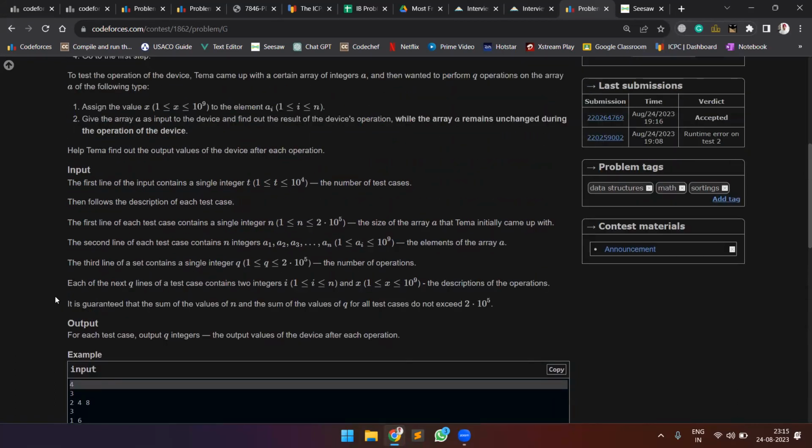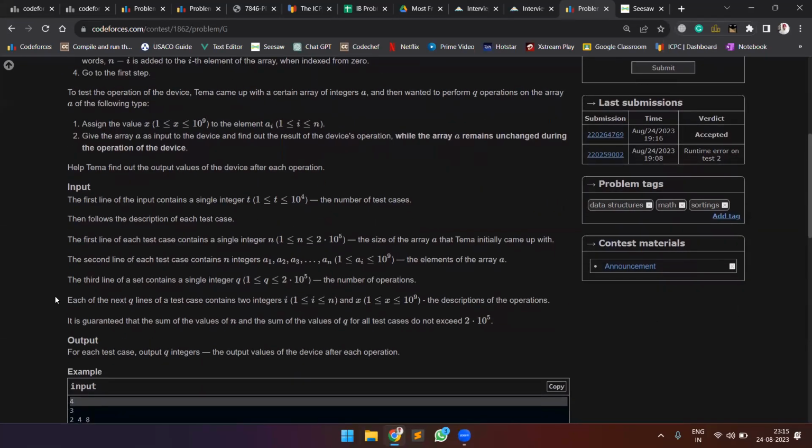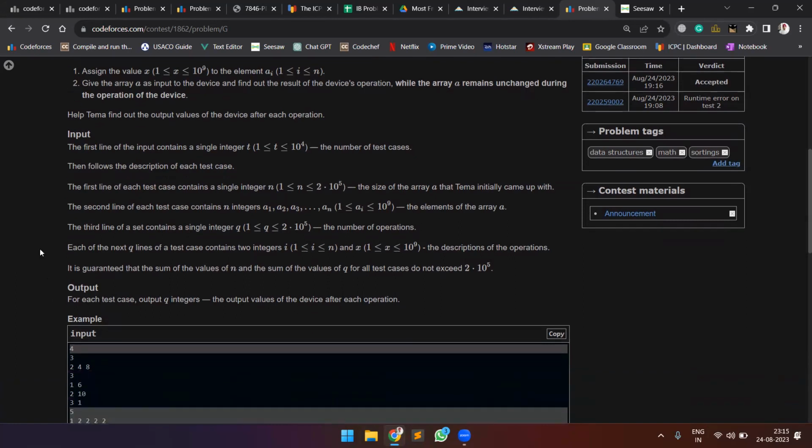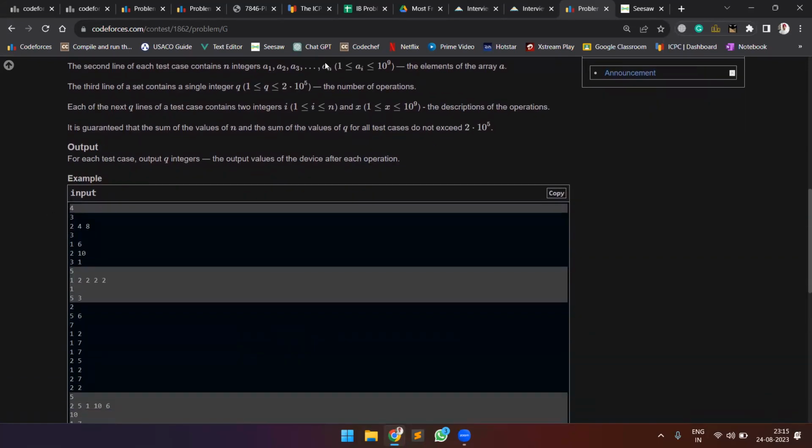But now this is quite simple, but there are some queries in it, and the queries being we change a of I to x. Basically, after every query we are changing some number, so the difference is also changing, right? So first of all, we should check our theory with respect to queries.